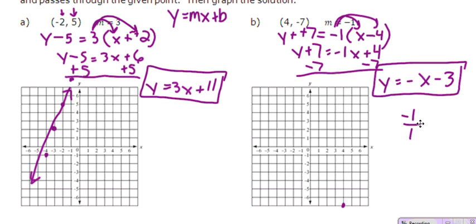The top is negative, the bottom's positive. So if I go down 1 and over 1 to the right, I don't really have the room, so I'm going to go up 1 and over 1 to the left. So I can continue that pattern, but then I want to make my line. And there we go. So let's look at another example.